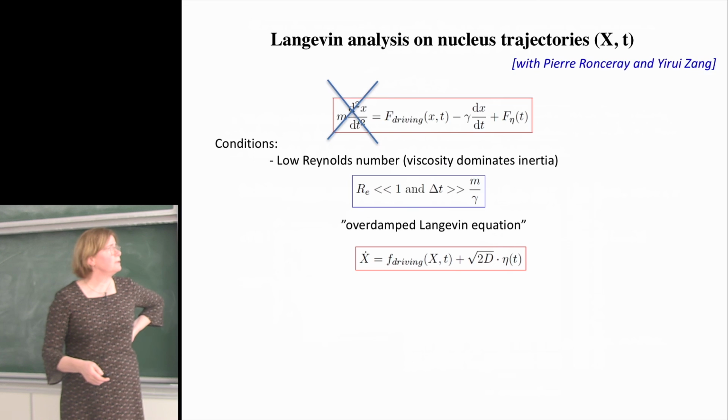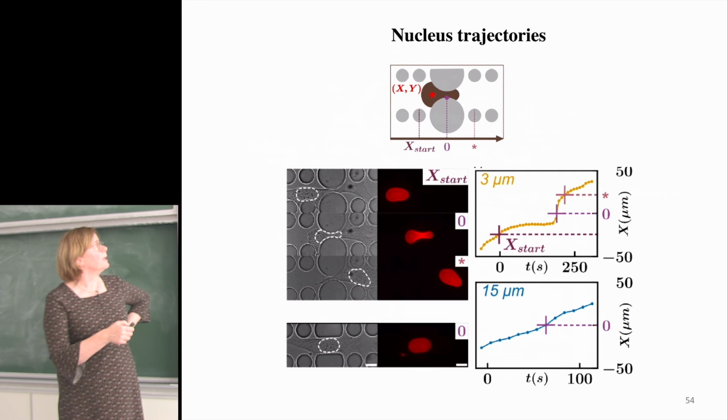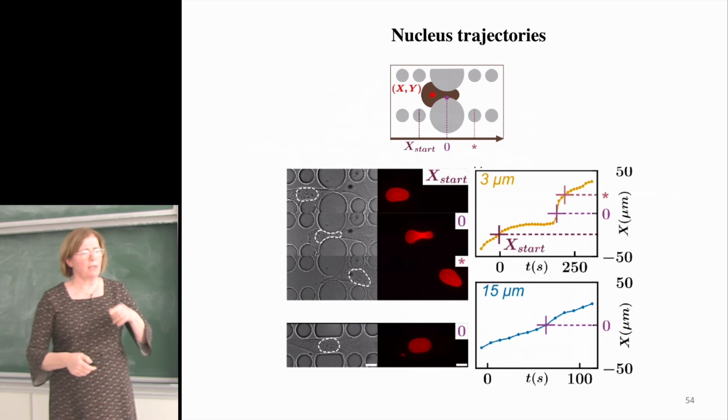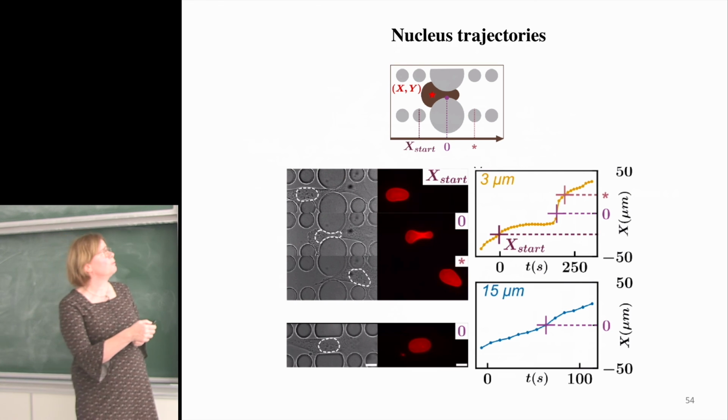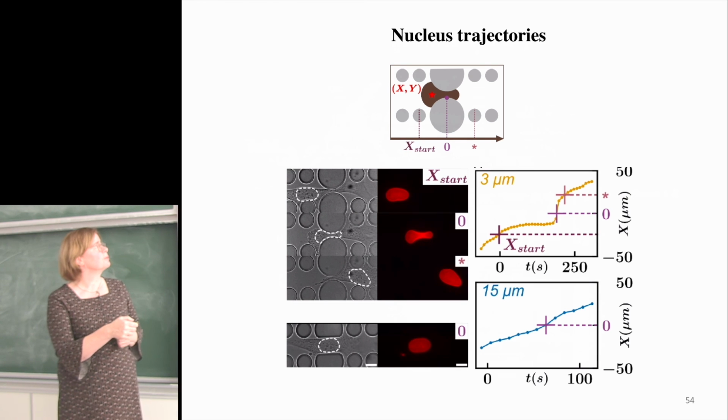Now how do we define trajectories here? This is what we did. The barycenter of the nucleus is taken as the barycenter of the surface of the nucleus when it goes through constrictions. We have an example of trajectory here. We decide that the start of the trajectory is when the center of the nucleus goes through the pillar preceding the constriction.